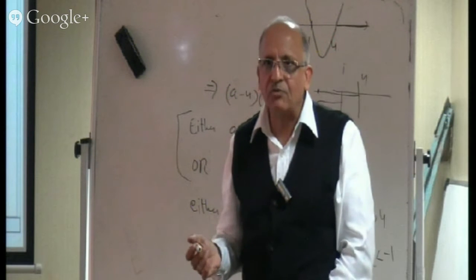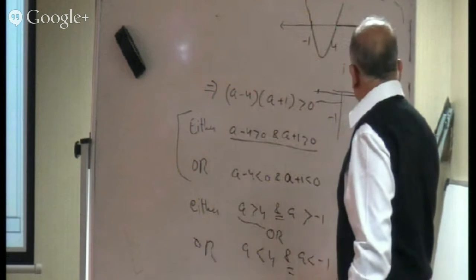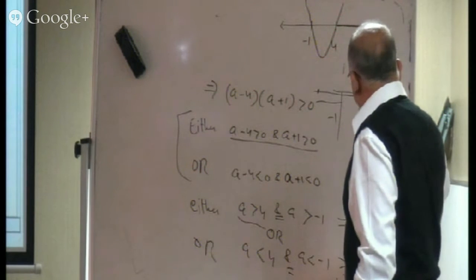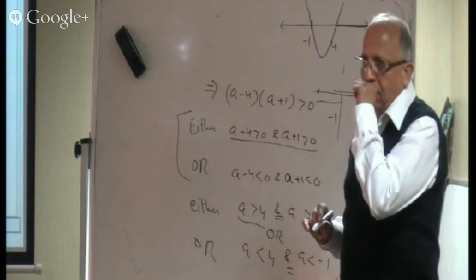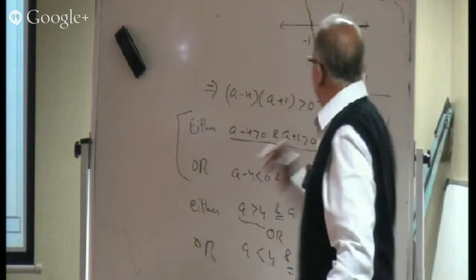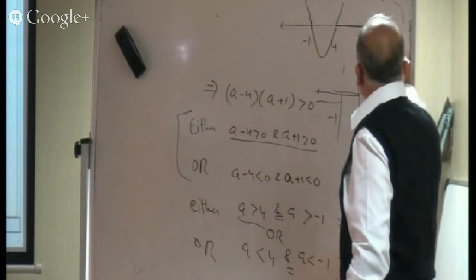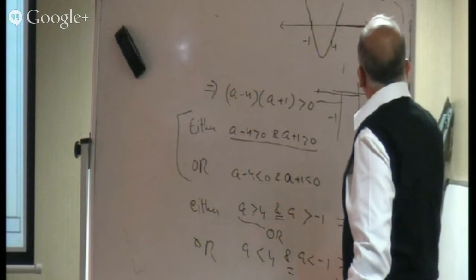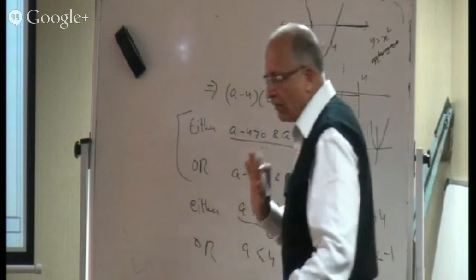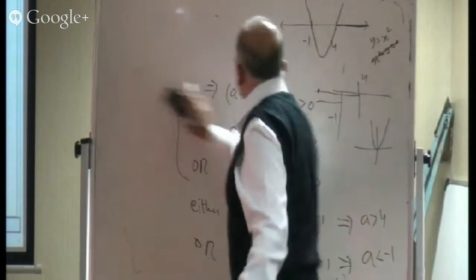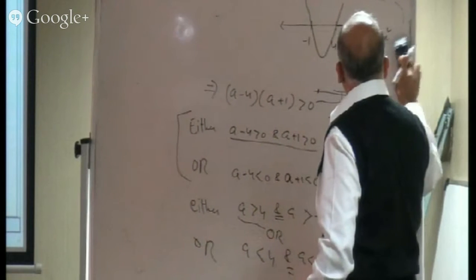y is equal to x square was one type. So y is equal to x square is something like this. If you have y is equal to x square, you can write it as x square minus y is equal to 0. Or let us not involve y at all. What is the quadratic expression due to which you are getting y is equal to x square?